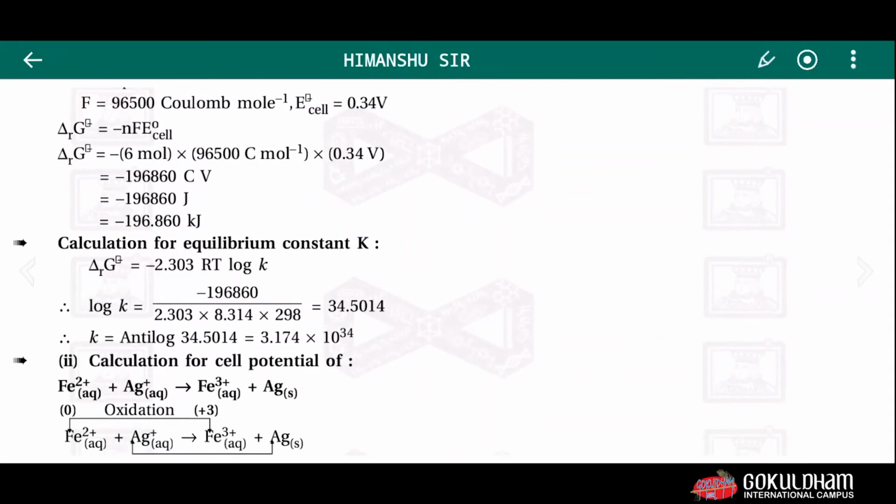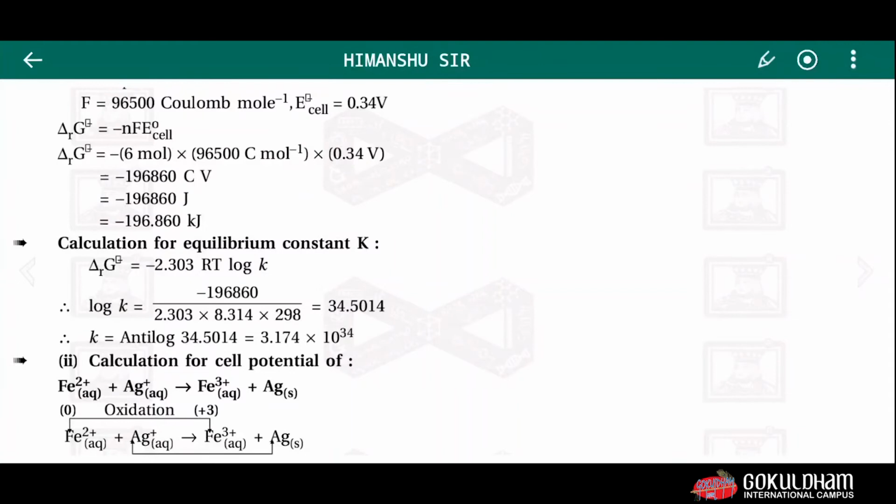Now the calculation for the equilibrium constant K. The equation is delta rG0 is equal to minus 2.303 RT log K. We want the equilibrium constant, so we take log K on the left hand side. The equation becomes log K is equal to minus delta rG0 upon 2.303 RT.